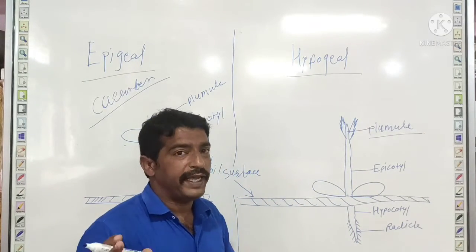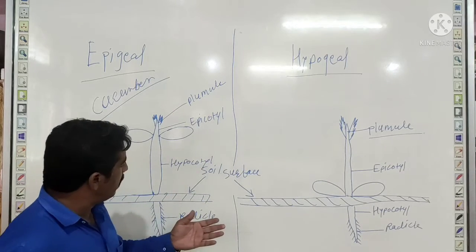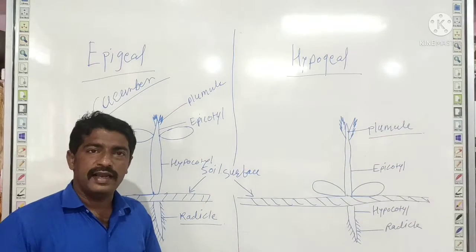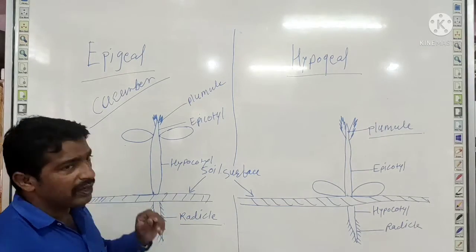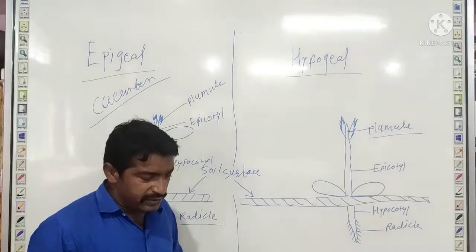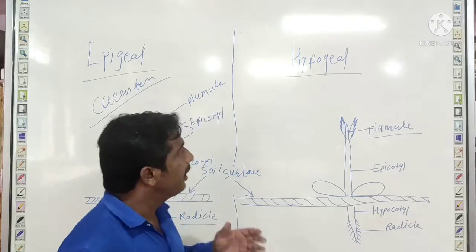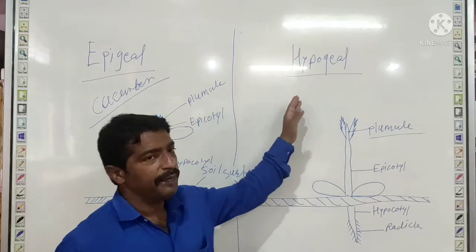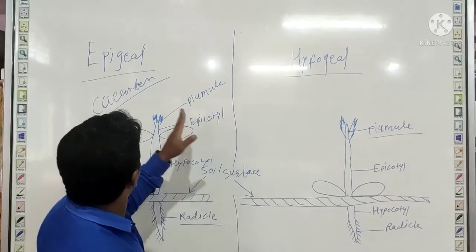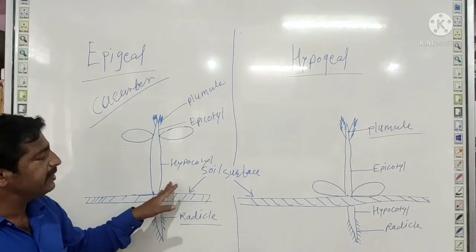As germination is based on the elongation of either the hypocotyle or the epicotyle, the germinations are of two types, epigeal and hypogeal. So here, this is the example of epigeal germination.